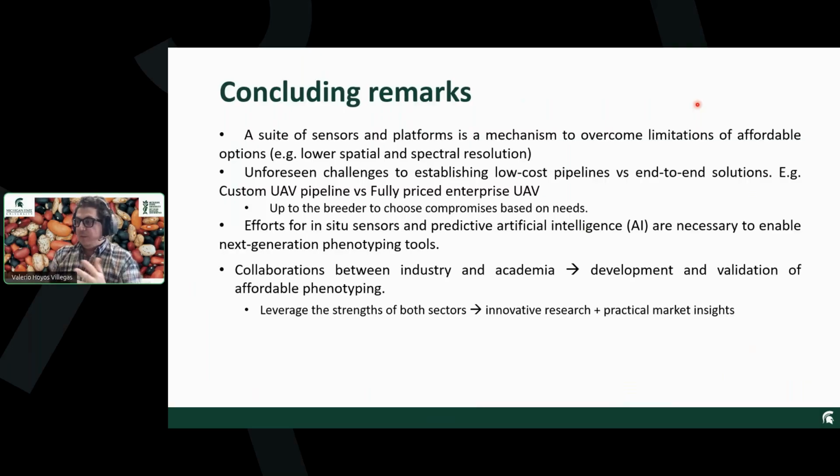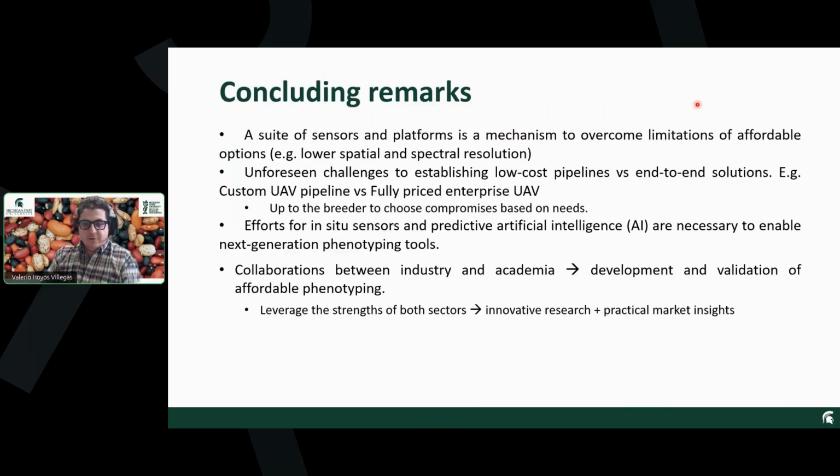There's great opportunity for collaboration between industry and academia in this space. It's already quite active. One possibility is the development and validation of affordable phenotyping tools that can be iterated among the two spaces, the public breeding space and also the private phenomics industry.